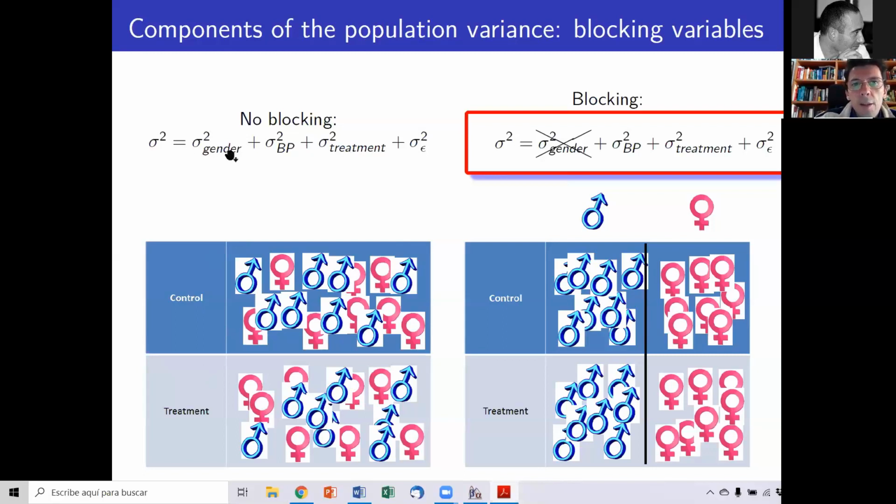So I cannot estimate the variability induced by the gender. But if I separate them in the control, and I annotate this is a male, this is a female, and the same for the treatments, then I can estimate the variability caused by the sex.